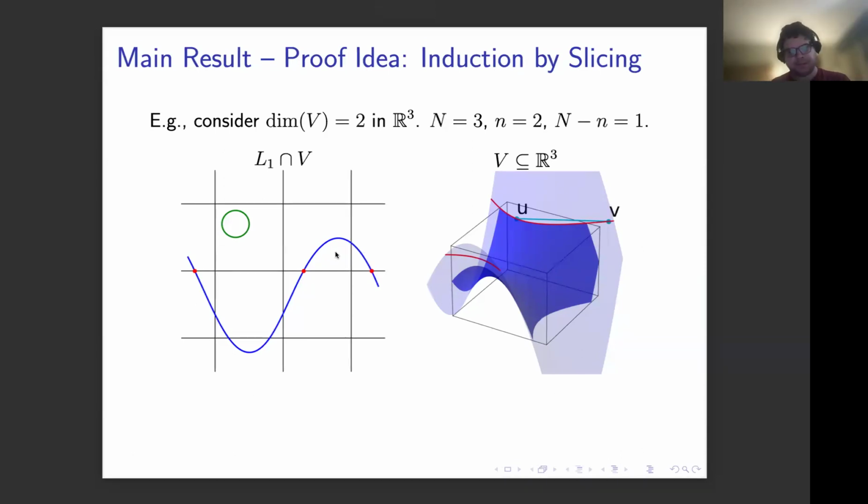Okay, so having created these grids, we can then construct a covering of our set. So if we look first at this boundary curve, what I'm going to do is place a ball centered at each one of these red intersection points, big enough that it contains all of the cells adjacent to this red intersection point.